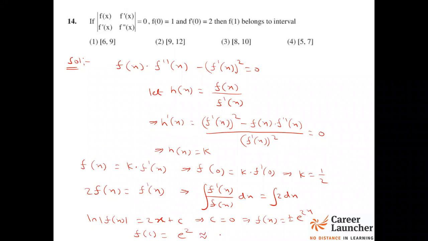The approximate value of e is 2.8. So 2.8 whole square will be approximately 8.3. So it should lie in between 6 to 9.